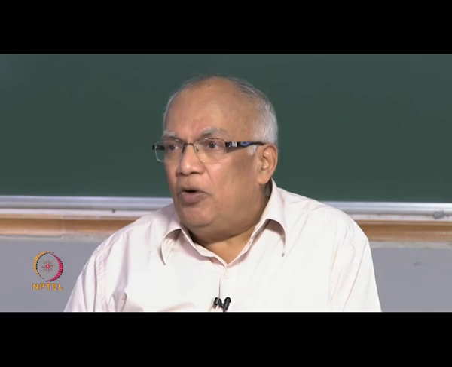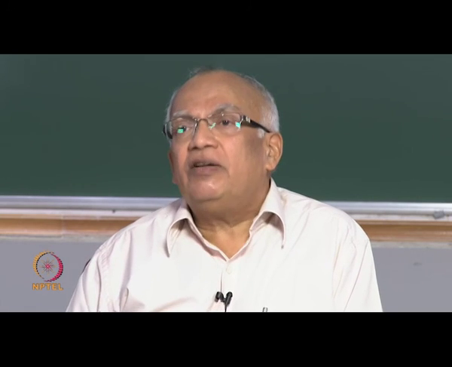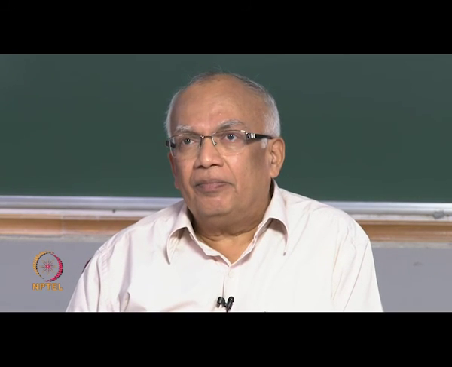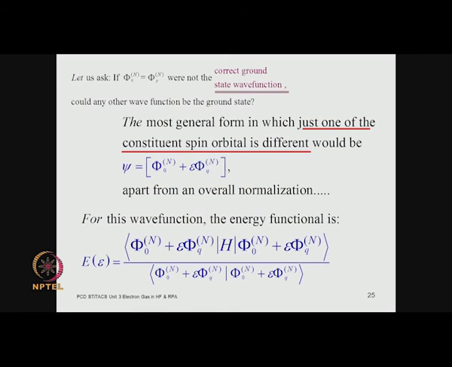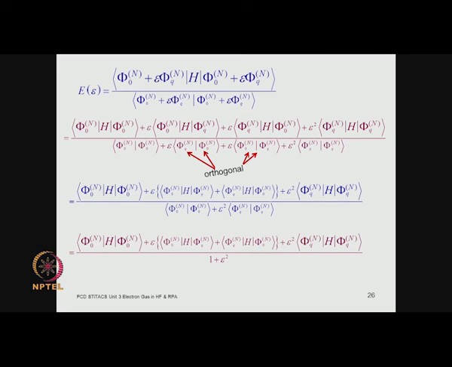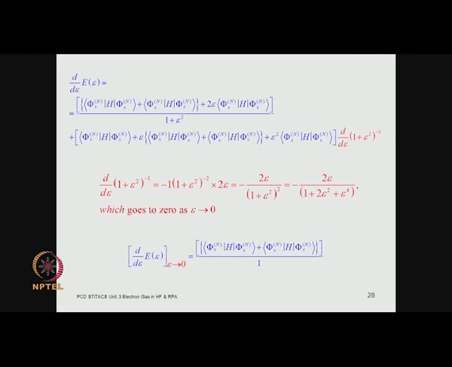Unless epsilon goes to 0, you do not get a minimum, because the energy functional is capital E, and what we see here is that in the limit epsilon going to 0, this energy functional is a minimum.